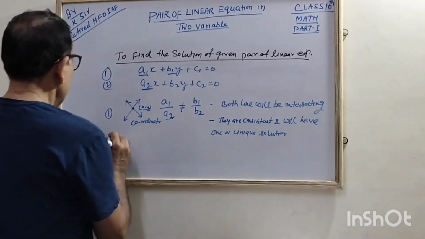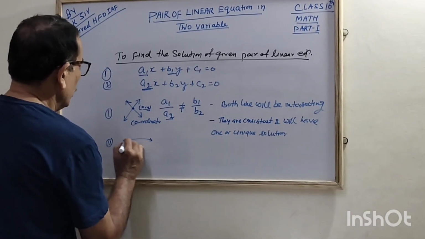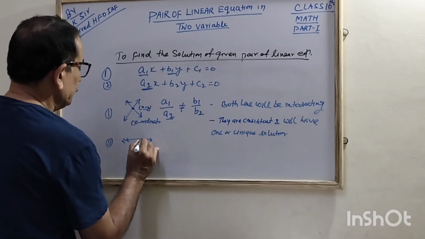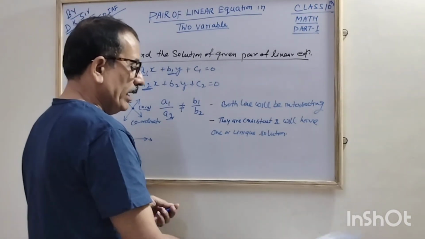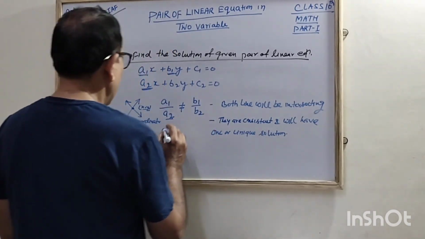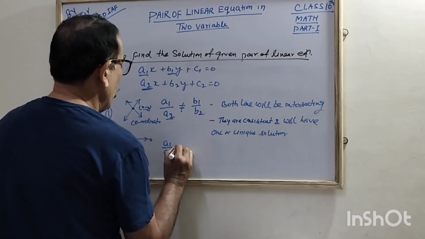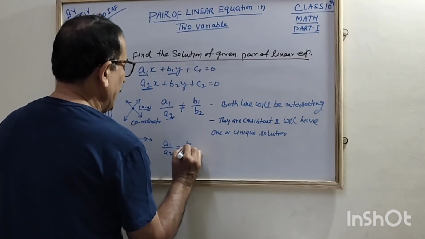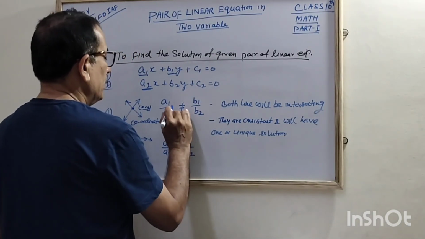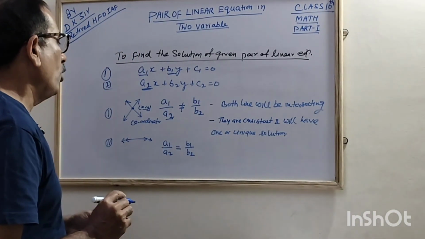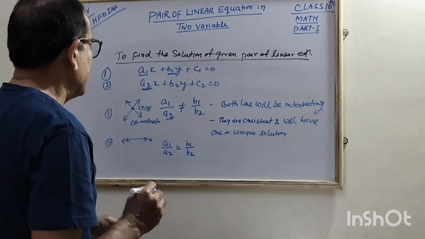The second case we have seen is when both lines are coinciding with each other. The earlier case, when a1 by a2 is not equal to b1 by b2, was the intersecting one, correct?